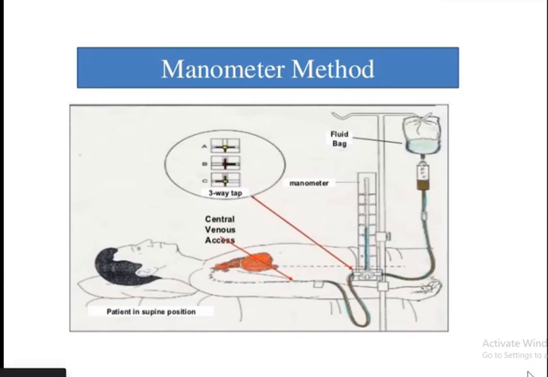With a simple manometer, we can measure. And here also, the stopcock at the center of this glass manometer should be at the phlebostatic axis. That is the only difference. In place of the transducer, there is a manometer connected to your vein, and the other end is connected to your flush bag.